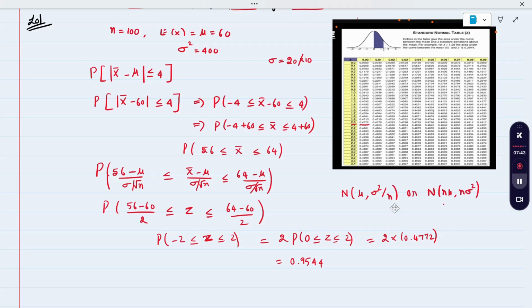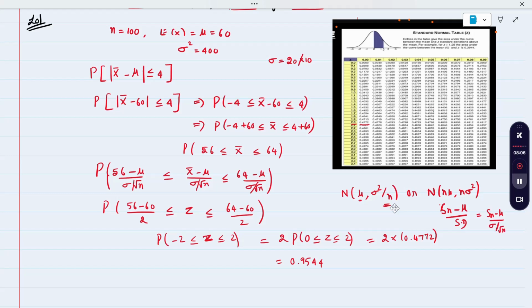What we write, dividing by the standard deviation, is the variable minus its mean, divided by the standard deviation of the second variable. When I take the square root, it becomes x bar minus mu divided by sigma by root n.